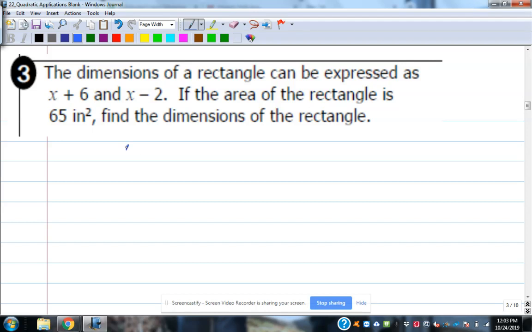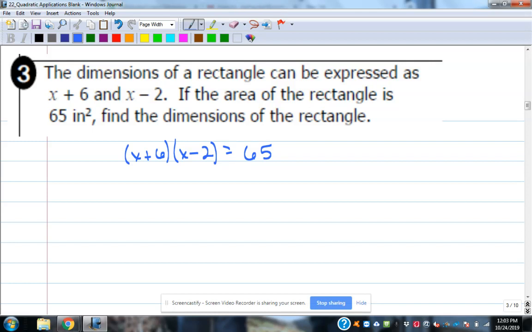And that's equal to what? Yeah, that's right. So not much different than the first two. The only difference is they gave us the two pieces. We didn't have to come up with them and build them from the words. That was nice of them.